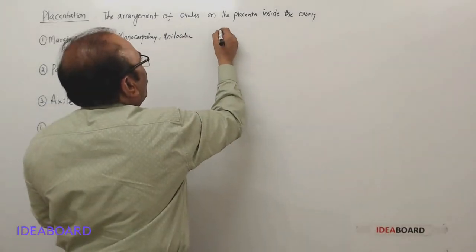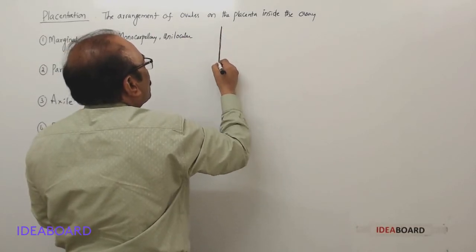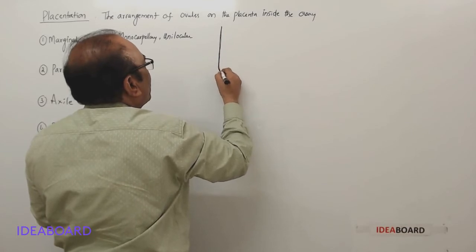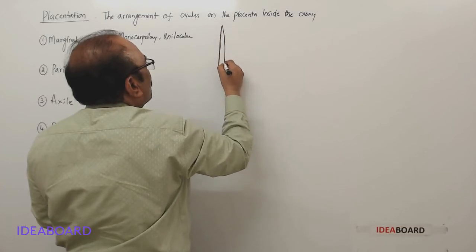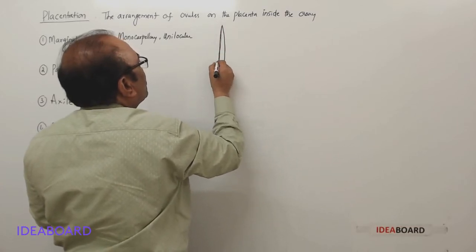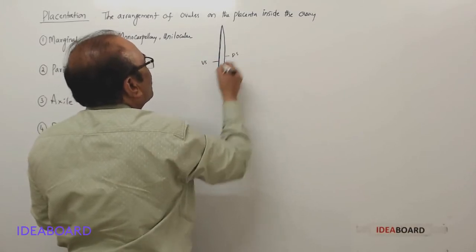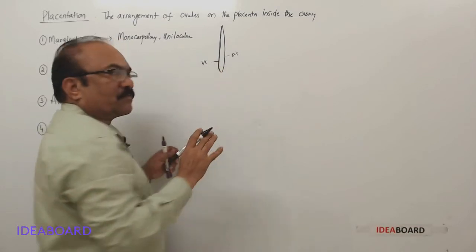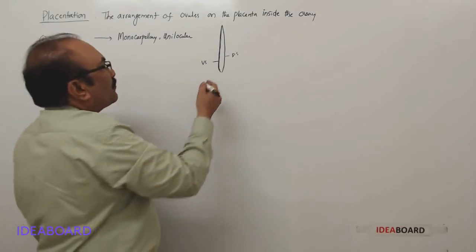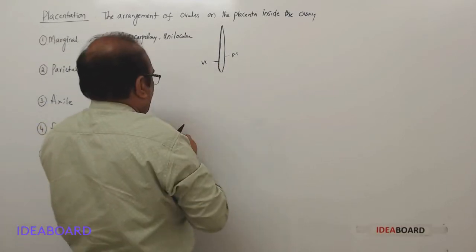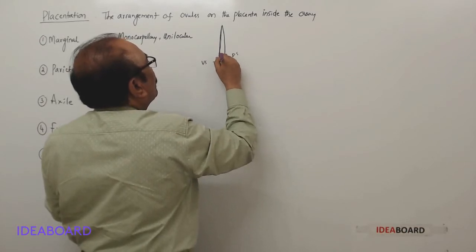And here you find the two margins will fuse, and this is the ventral suture and this is the dorsal suture, and the ventral suture is formed by the fusion of two margins of a single carpel, and now on the inner side the placenta will develop, and from that placenta the ovules will develop.